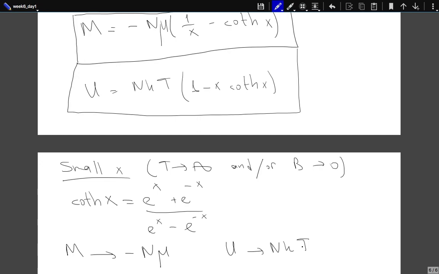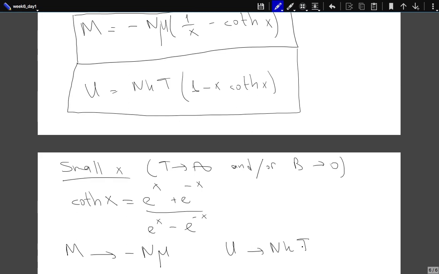Okay, so whenever you get a result, you should always think, does that make sense? Was this what you expect? Yeah, this is actually not what I expected. Let's just look at the spin 1/2 case. Quantum mechanically this is kind of easier to understand.